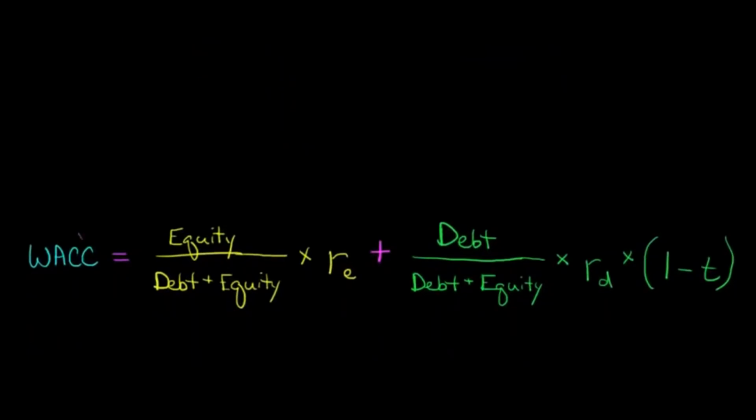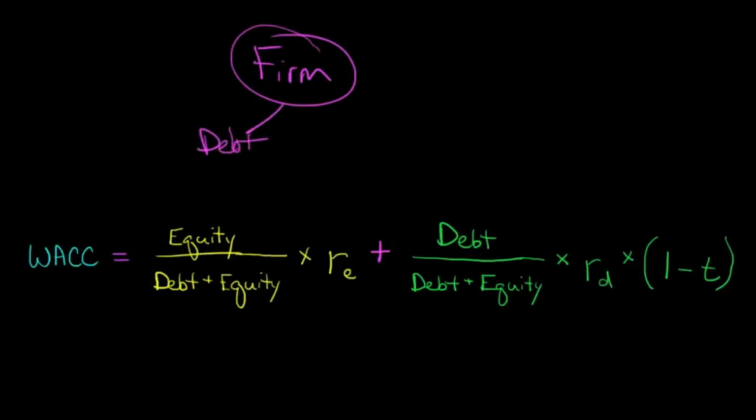When we think about WACC, this weighted average cost of capital, really what we've got is the financing of the firm. Now this firm is going to be financed from two primary sources: one is debt and one is equity. What does that mean? Well, the firm can get money from borrowing, or people can put up equity, shareholders or the owner themselves.